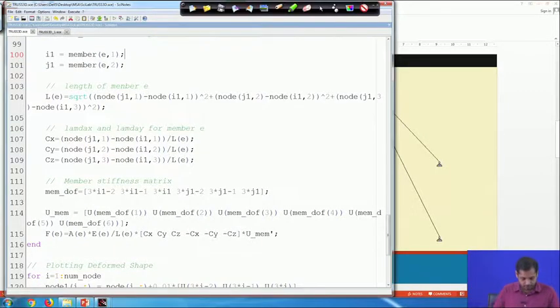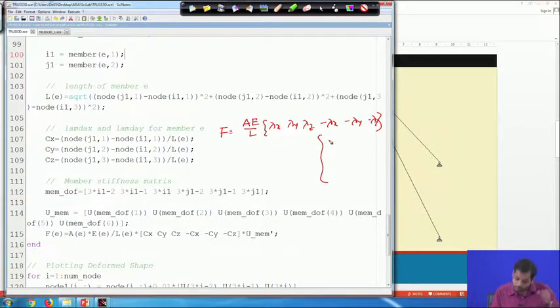So, if you recall, the member force F for a given member is equal to AE by L, then lambda x, lambda y, lambda z, then minus lambda x, minus lambda y, minus lambda z, and then for that particular element, the V. From that we get the member forces, and this is exactly performed here.